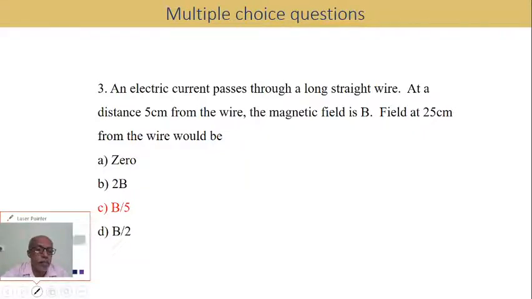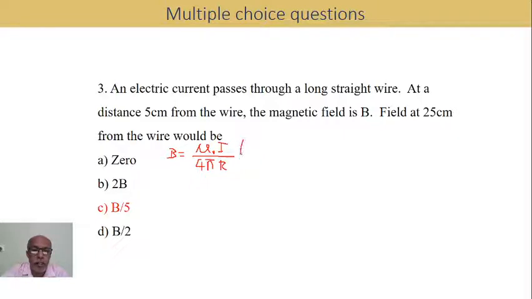In order to find this, the expression that we know for the magnetic field is B equals mu naught I divided by 4 pi R, where R is the perpendicular distance from the conductor to the point where we are measuring the magnetic field, multiplied by sine phi 1 plus sine phi 2.